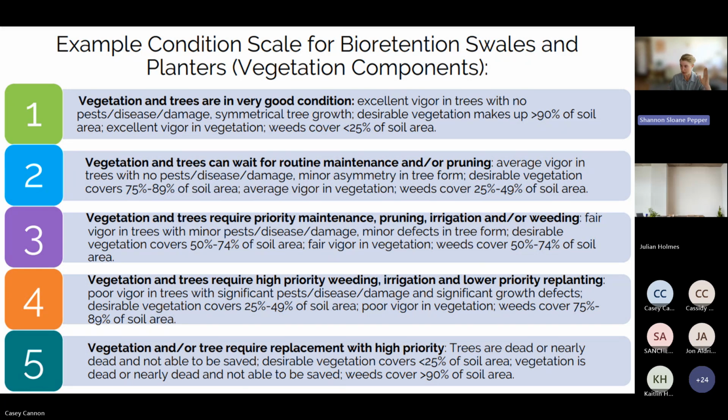So you need to not just have the numbers, but also have descriptions so that if you have multiple staff going out and assessing condition of assets, each of those staff will come to a similar conclusion about the condition of that asset. And part of having that kind of uniform condition across all your assets is having a set system with really clearly defined categories. Next slide.